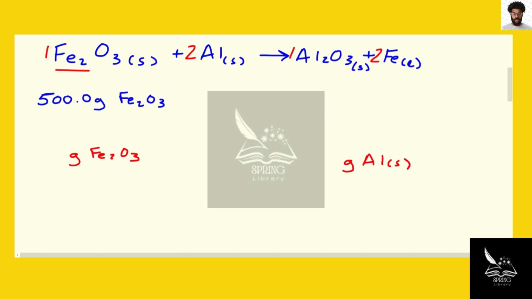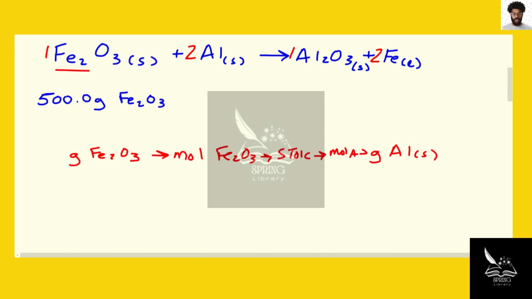So how do we get from here to here? We can go from grams to moles of iron oxide. We can do our stoich to be able to compare our iron oxide with our aluminum. And then from our stoich, we can go to moles of aluminum and then to grams of aluminum.